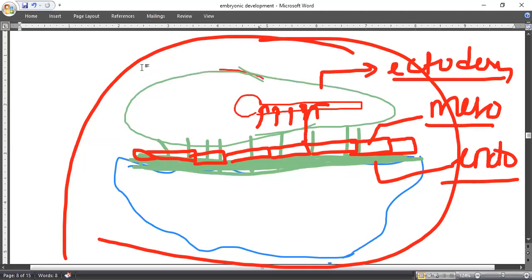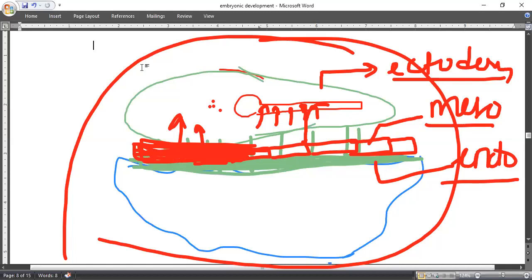In the meantime, we discussed earlier the induction process also. The mesoderm formed here is going to develop the notochord. Development of the notochord in the mesoderm induces the ectodermal cells of the epiblast area to form the neural plate. Why?